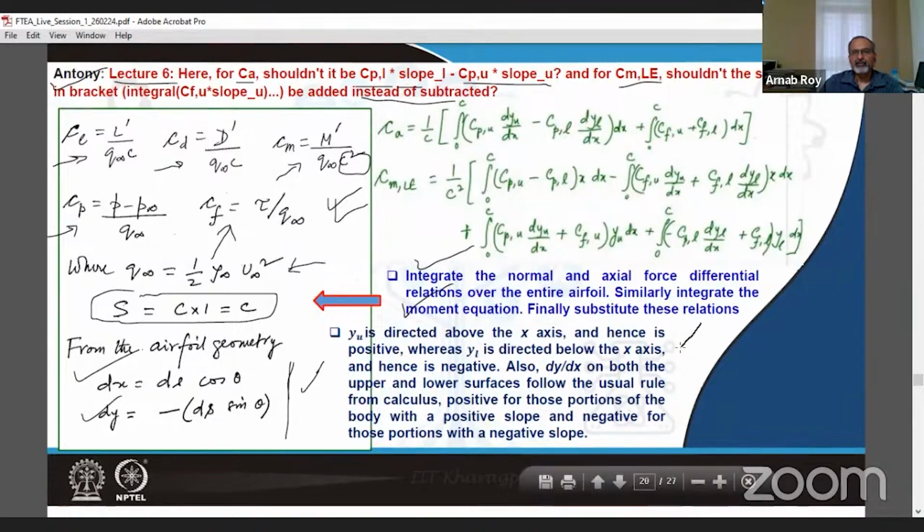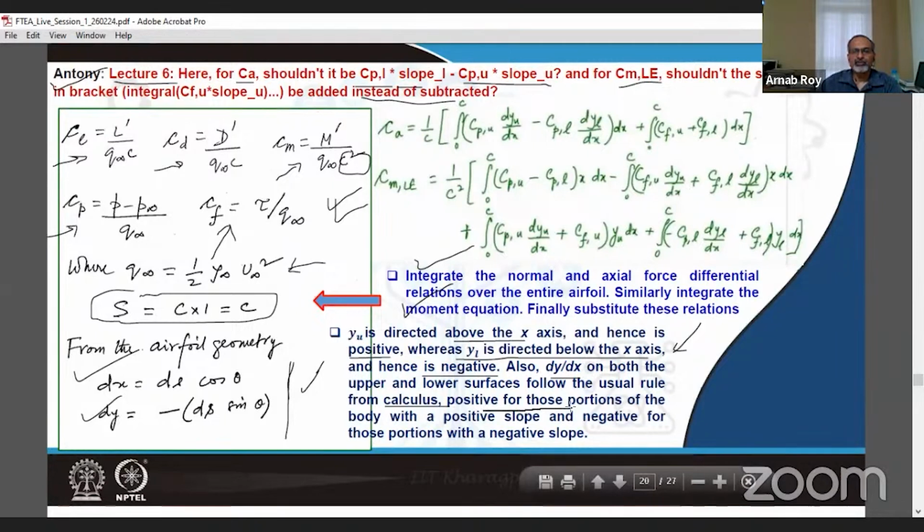Additionally, there are a few more points you need to take care of when you derive and check the consistency. So the yu is directed above the x-axis, and hence it's positive, while yl is directed below the x-axis, and hence it's negative. Also, the slope dy dx on both upper and lower surfaces follow the usual rules of calculus.